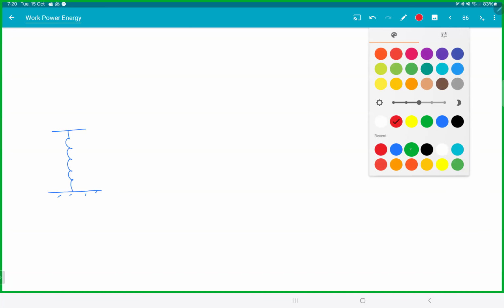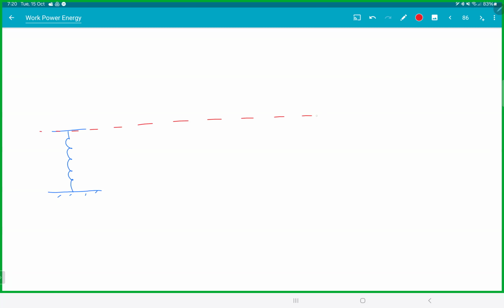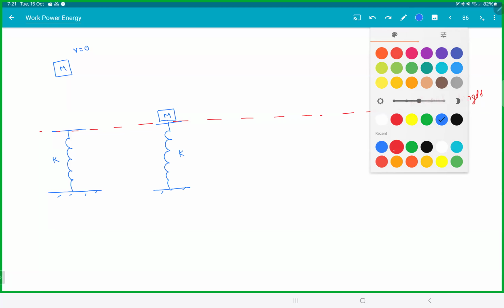So this level is your natural length. That is when the spring is neither elongated nor compressed. So you left the block from here, mass m. Initially, speed is 0. Now, when the block comes and hits here, this is a common mistake. People think the speed is maximum here. Ask yourself, at this point, what are the forces on the body?